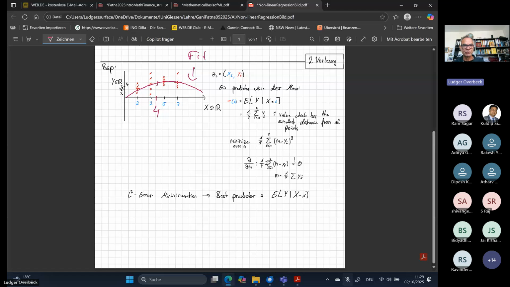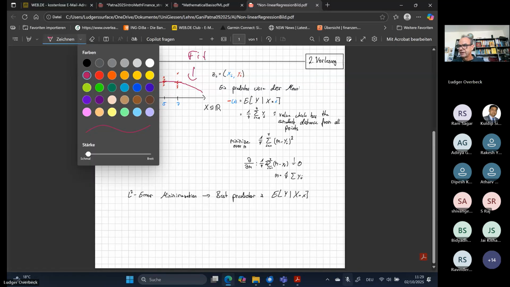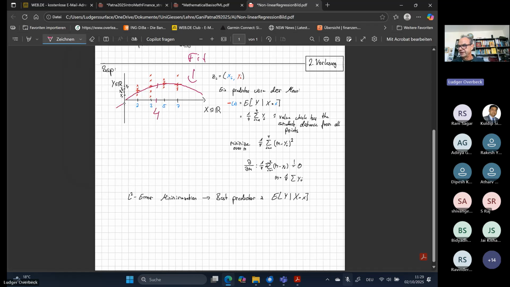Linear regression, this is what you learn everywhere. I would just say, okay, I take this one. But in many cases, of course, you don't have a linear function here. So that's why you can also say what we do is a non-linear regression, or it's fitting.